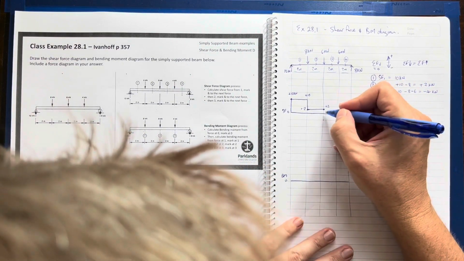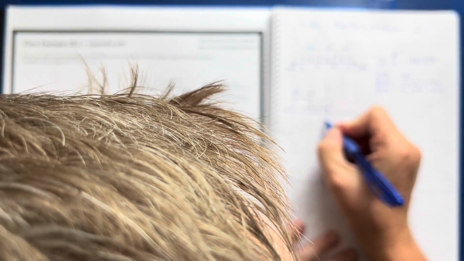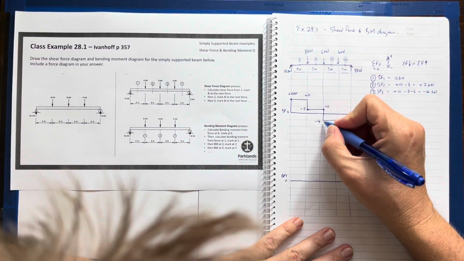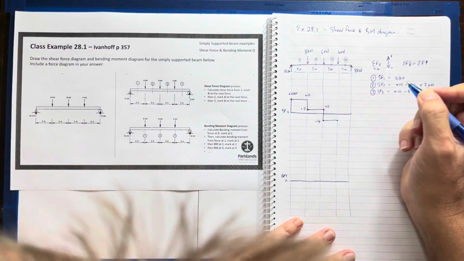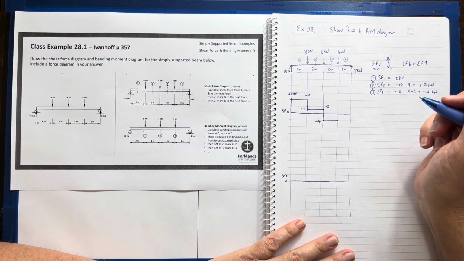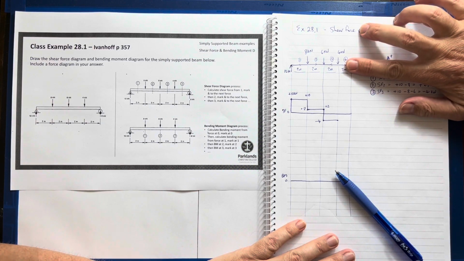It's not very hard, is it? I'll mark it there, and I go across to there. Making sense? I ignore everything else to the right-hand side.